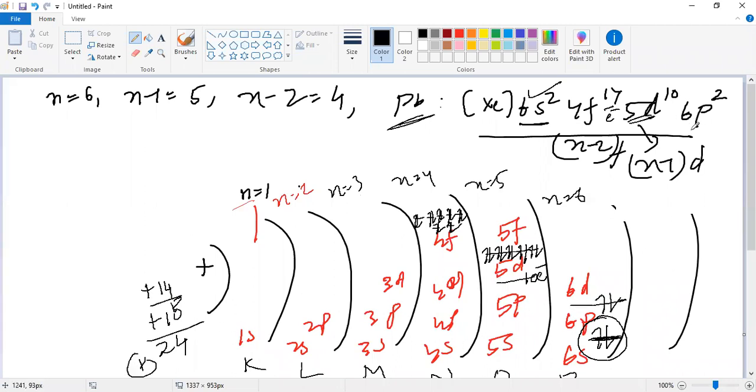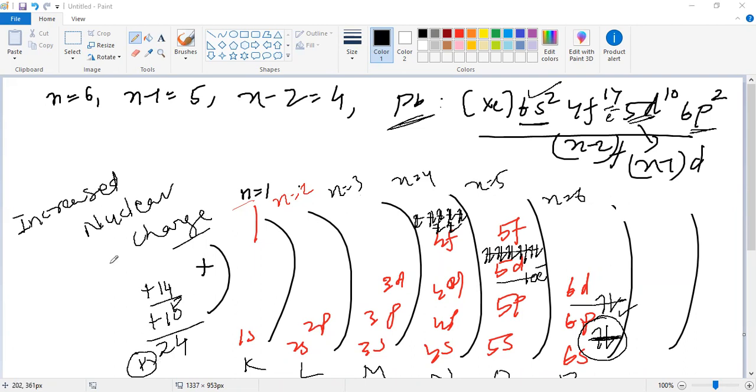And then the electrons go to the 6p. So before filling the 2 electrons into 6p, the 6s faces plus 24 increased nuclear charge.